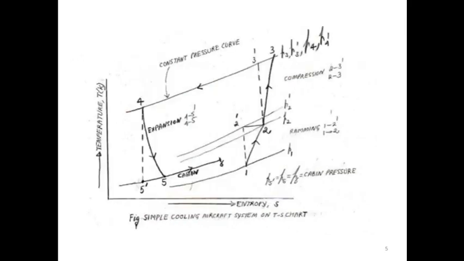Here you can see the TS diagram. 1 to 2 dash is the ideal ramming process, and 1 to 2 is the actual ramming process.